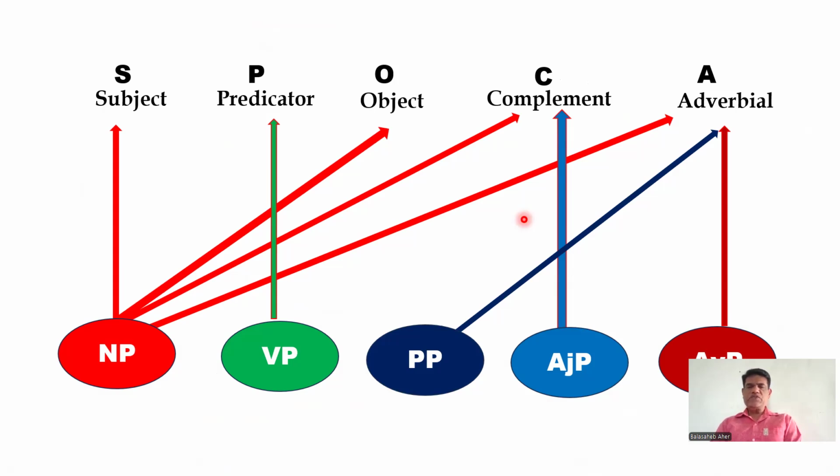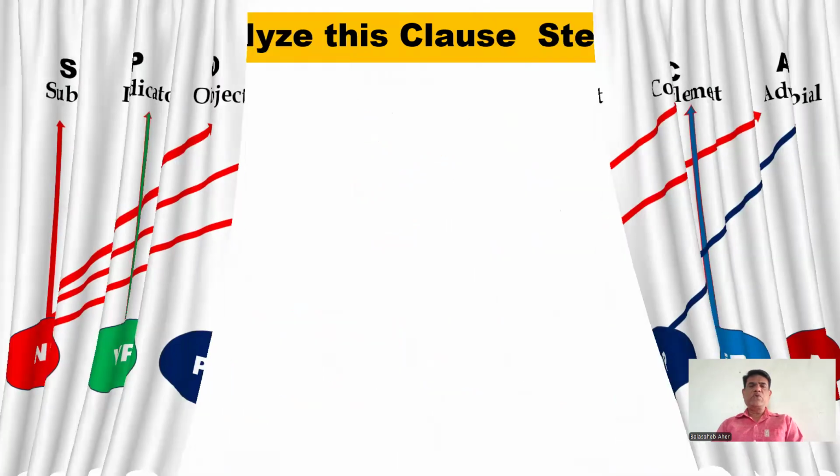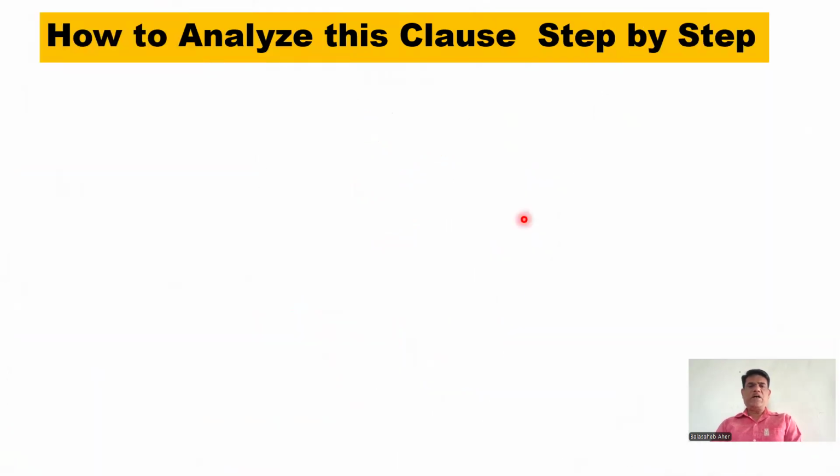Now let us do the analysis of the examples that we have taken step by step. So let us start how to analyze this clause step by step. The first step is we have to take down the example as it is given in the question paper.